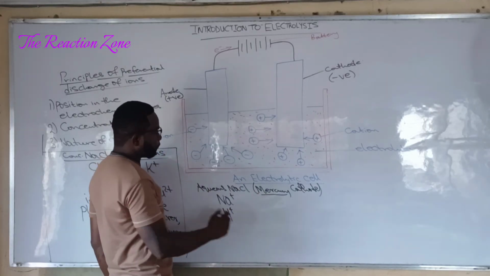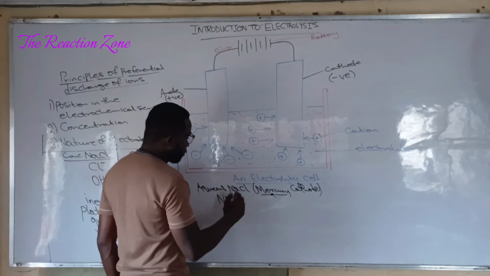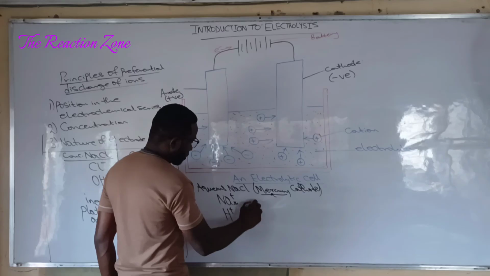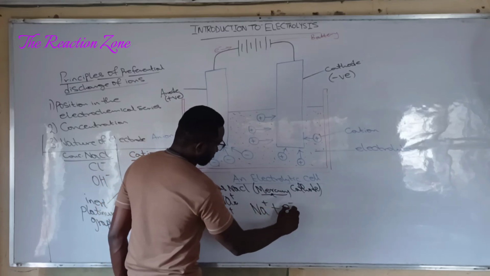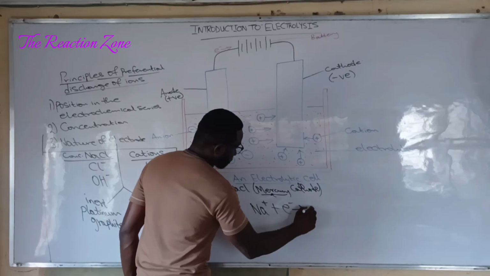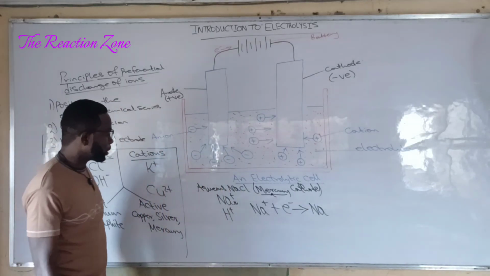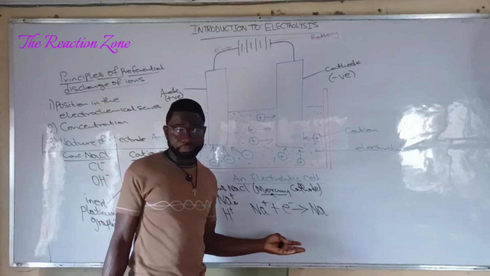So because of the affinity between mercury and sodium, the equation at the cathode is going to be sodium ion undergoing reduction that accepts an electron to give sodium atom. So which means that sodium ion is going to be deposited at the cathode.